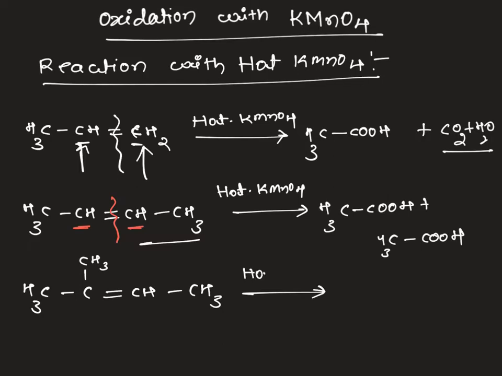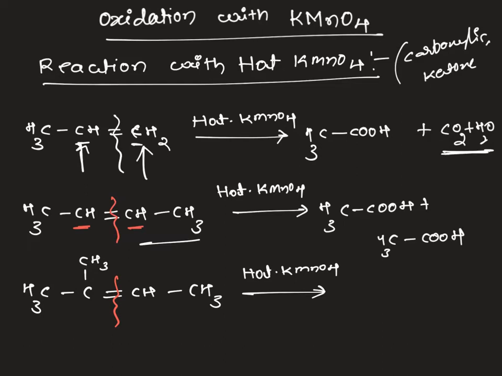Now I am taking a third example. Hot KMnO4. What is the product which will form? Here there are 2 kinds of products which can form, carboxylic acid, or sometimes ketones. Whenever formic acid is forming, it is converted into CO2 and water. If you look here, this is the place where the cleavage will take place.